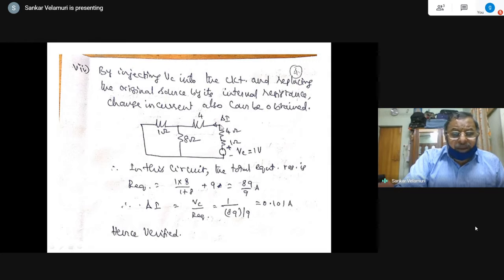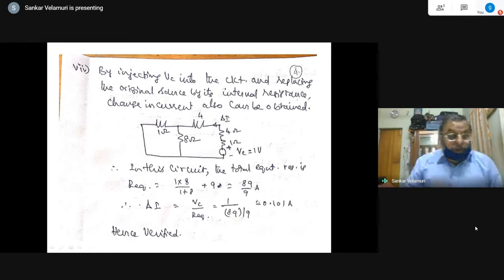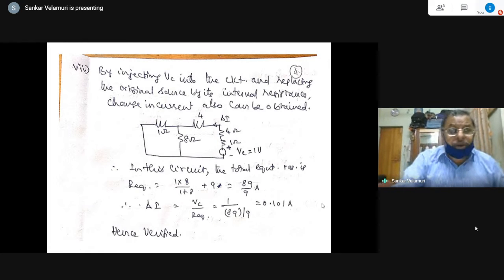The original direction of the current is from A to B, not shown here, but now the current is from B to A. That is, the voltage is injected in the opposite direction because the current is reduced. How much is the reduction? The change in the current obtained is 0.101. So to obtain the change in the current, it is equivalent to injecting the compensating voltage in the opposite direction.